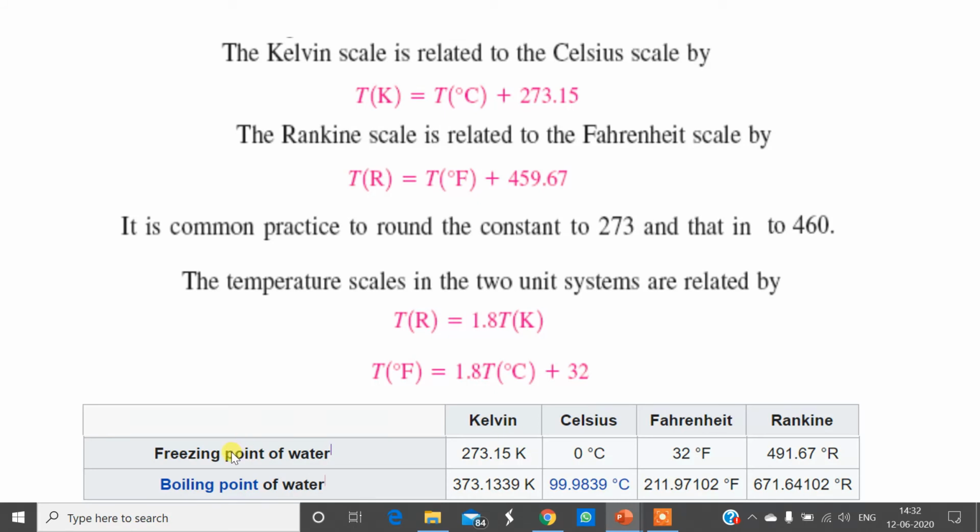Now the freezing point and boiling point of water on the Kelvin, Celsius, Fahrenheit and Rankine scales. The freezing point of water is 273.15 Kelvin, 0 degree Celsius, 32 degree Fahrenheit, and 491.67 Rankine.